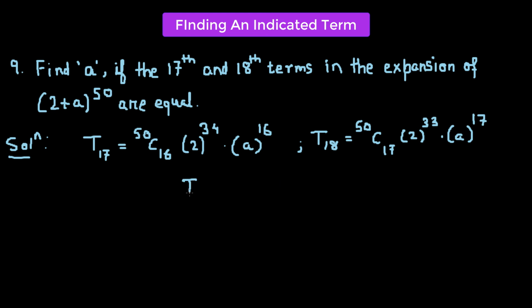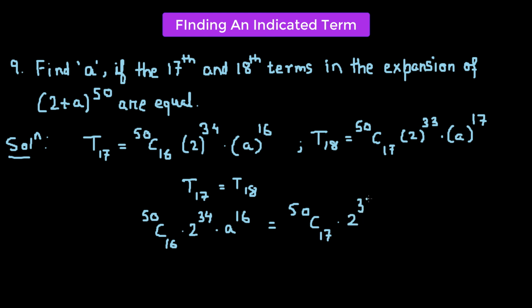So it's given that T17, the 17th term, is equal to the 18th term. So let's equate them. So we have 50C16 times 2 raised to the power of 34 times a raised to the power of 16 equals 50C17 times 2 raised to the power of 33 times a raised to the power of 17.